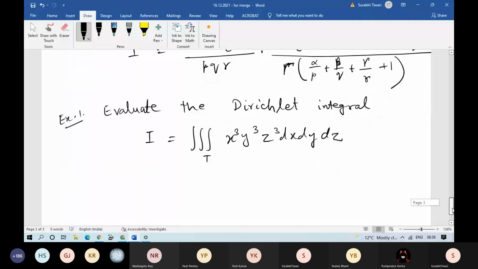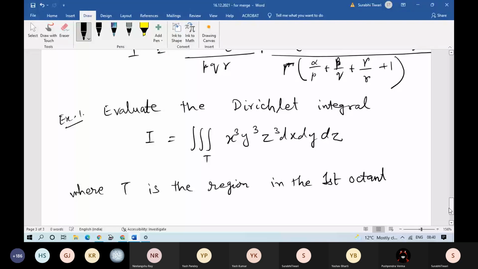Now you have to calculate this over the region T, where T is the region in the first octant, bounded by the sphere x square plus y square plus z square is equal to 1 and the coordinate planes.